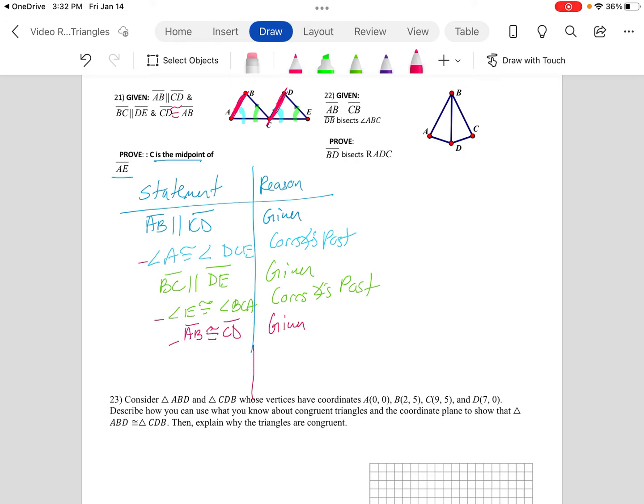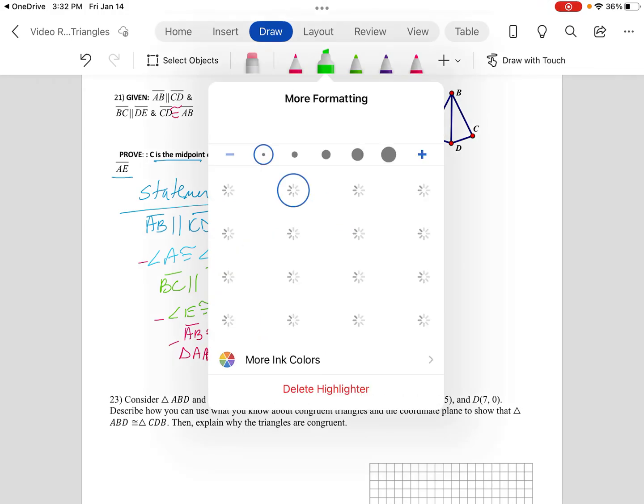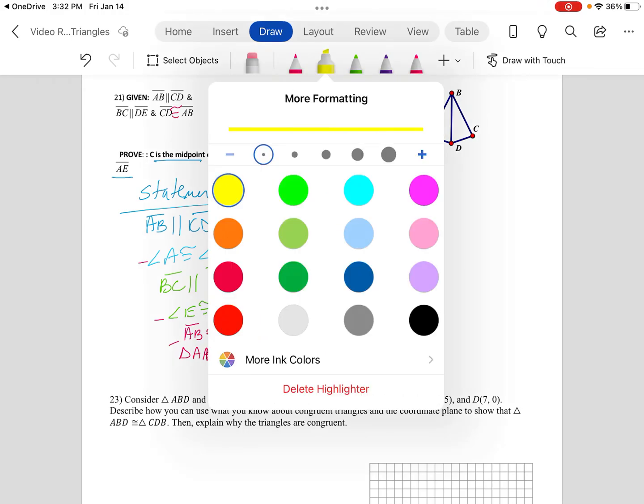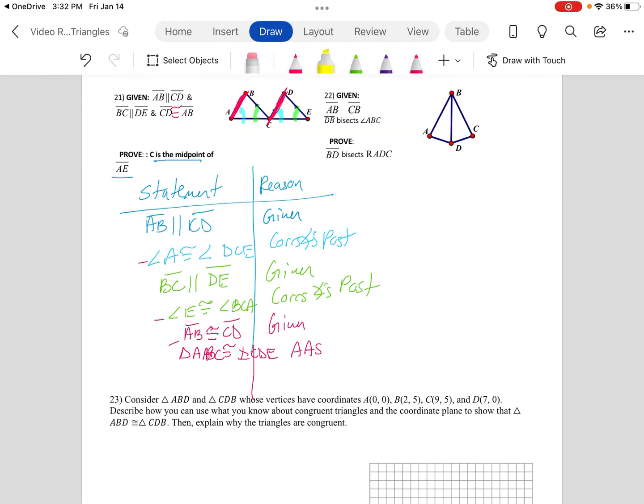That's sufficient amount of information to prove that they're congruent. So I know triangle ABC must be congruent to triangle CDE by angle, side.